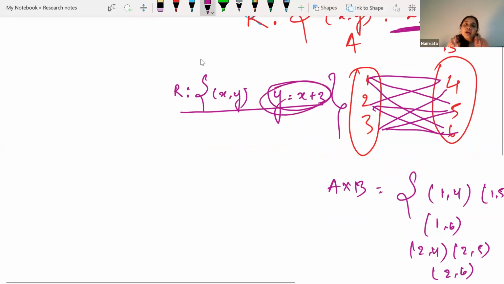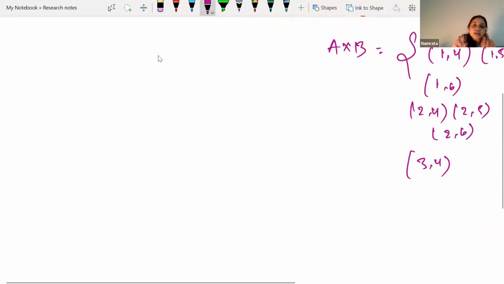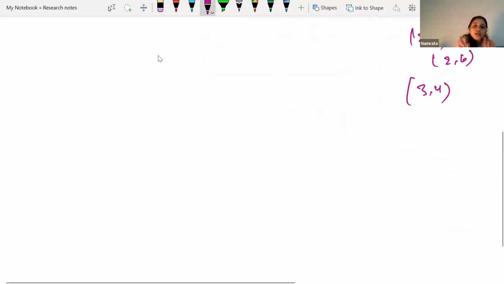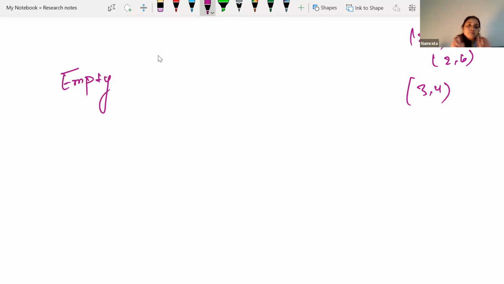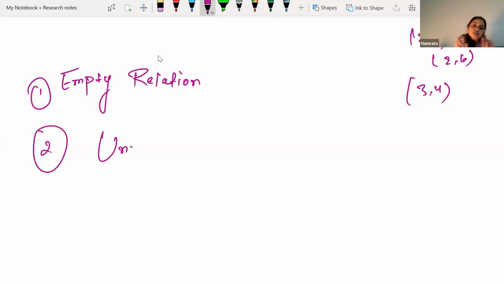Now here we are having a few types of relations, and today we are going to discuss them. First is the empty relation. The second one is the universal relation.